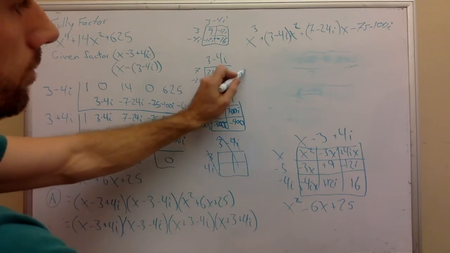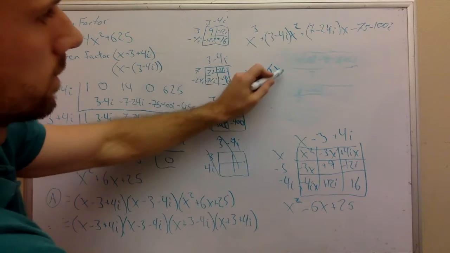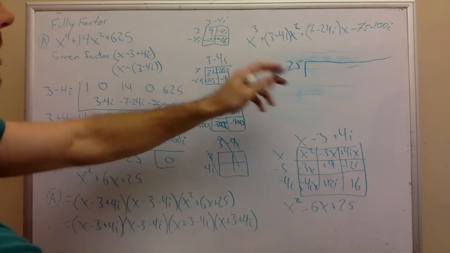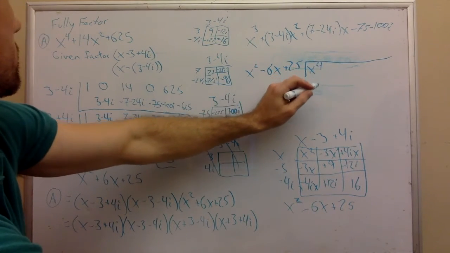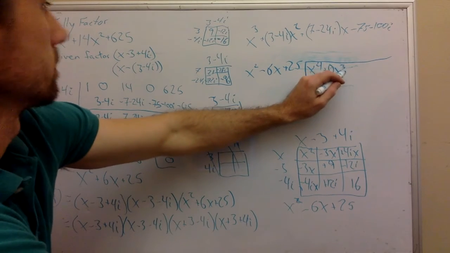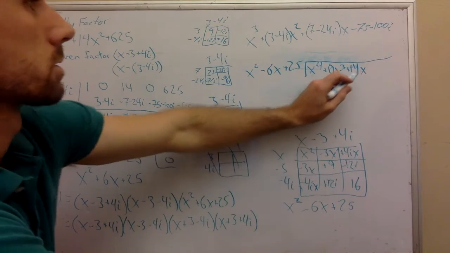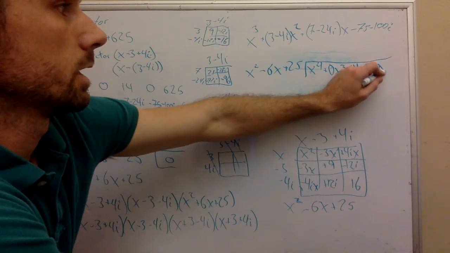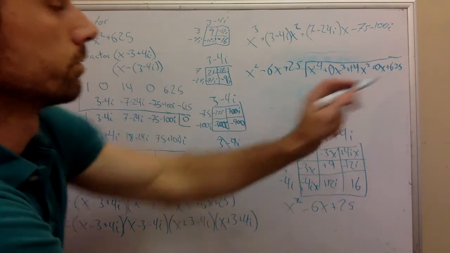So now I have x squared minus 6x plus 25 divided into x to the 4th plus 0 x cubed plus 14 x squared plus 0 x plus 625.